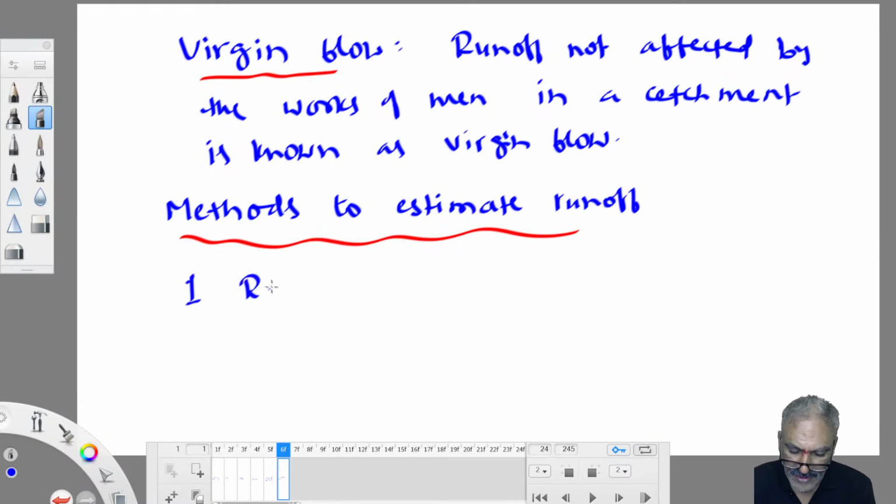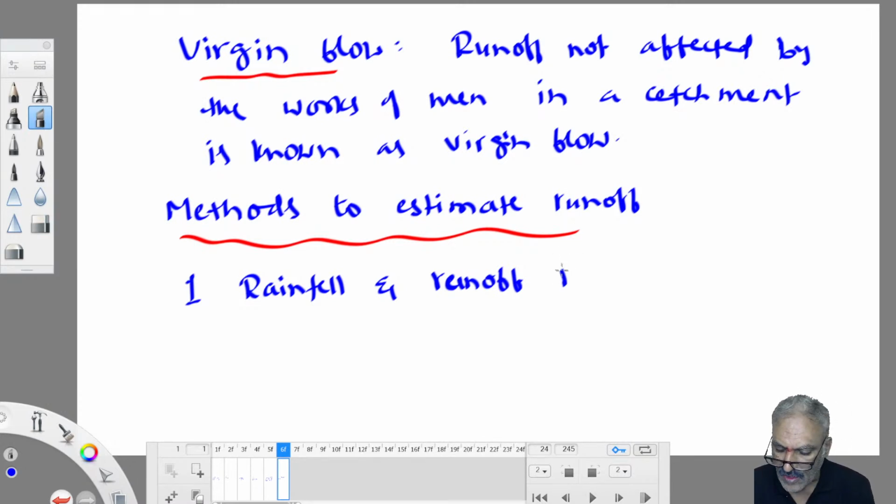If rainfall data and runoff data are available, by establishing the relation between rainfall and runoff, and since rainfall is a measurable parameter, know the rainfall, find the runoff. How are relations established among parameters? By regression analysis. Generally, for 1 mark or 2 marks, regression-kind of questions, no way you will get in the exam. Therefore, this method is ruled out.